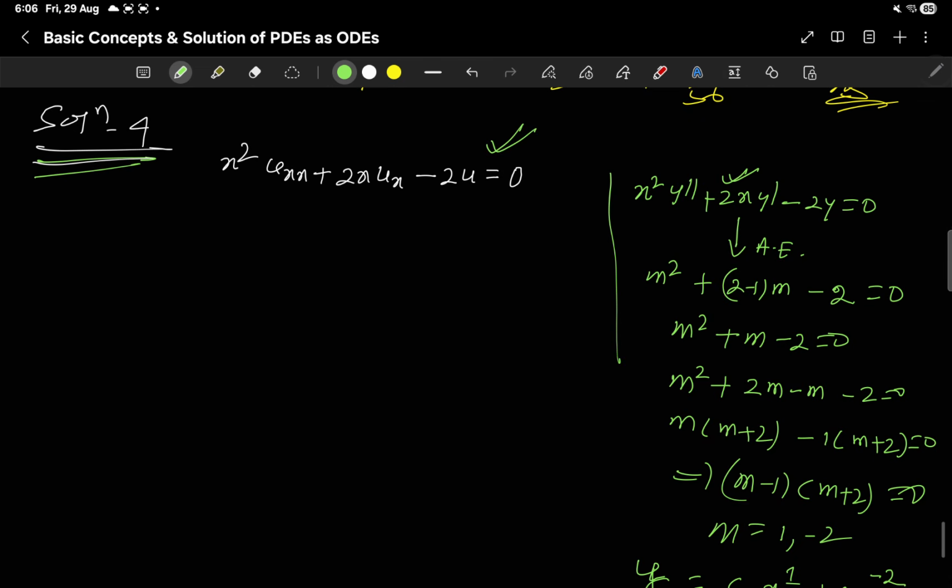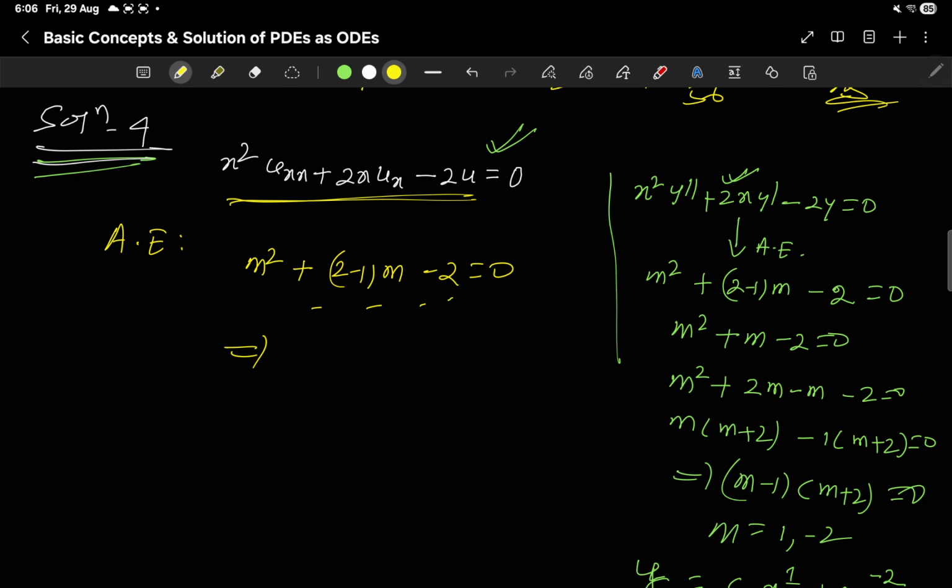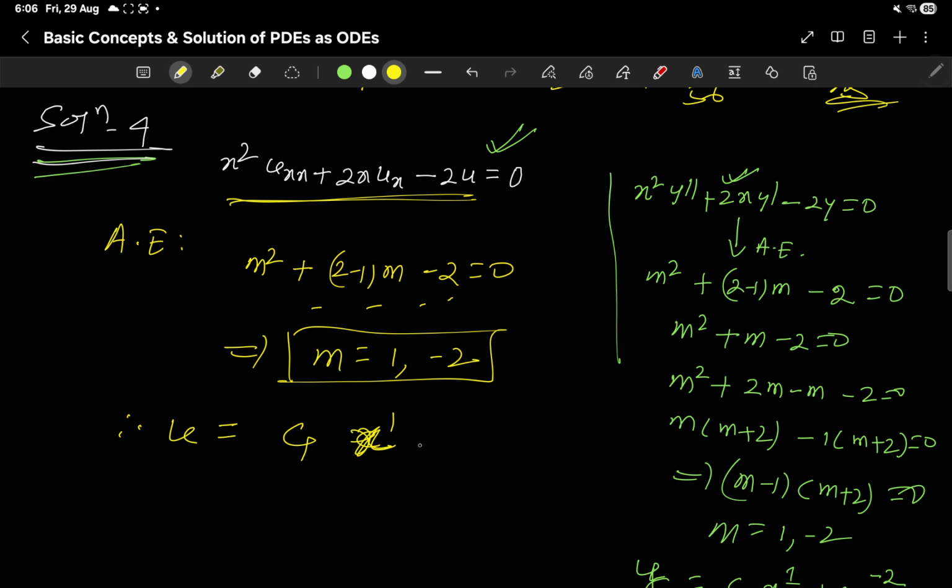So likewise, what will be the solution of this? We have the auxiliary equation m square plus (2 minus 1)m minus 2 is equal to 0. If you simplify, m is equal to 1 and minus 2. So therefore u will be c1 x to the power 1 plus c2 x to the power minus 2.